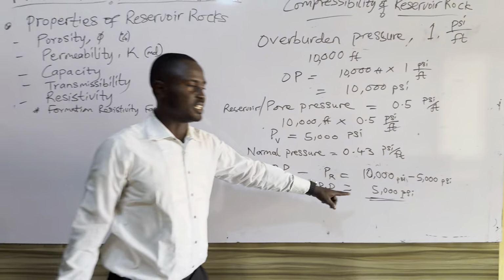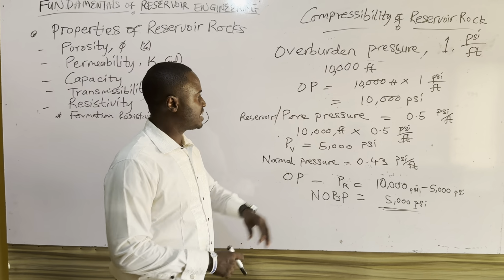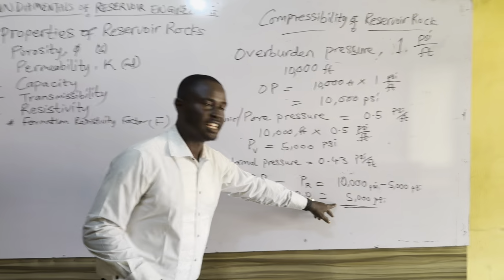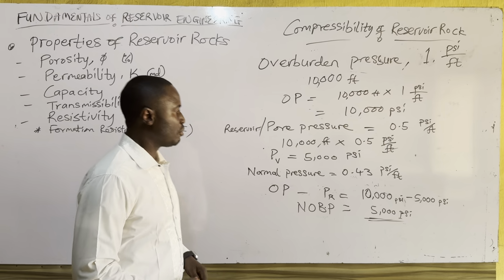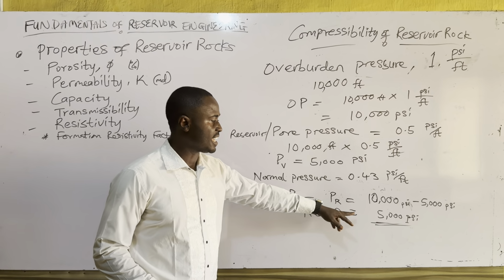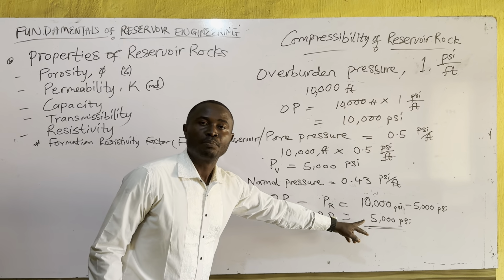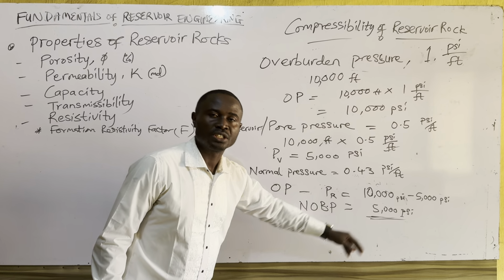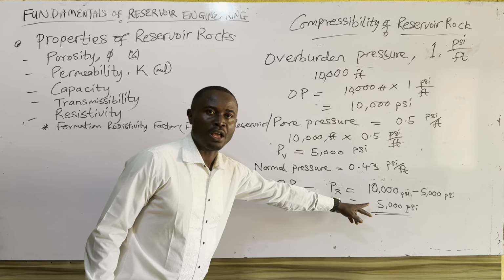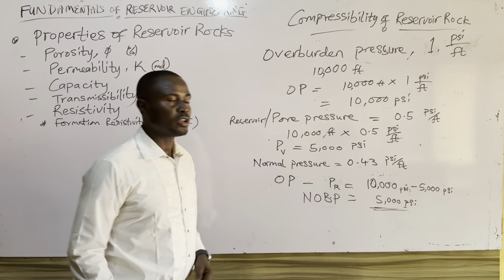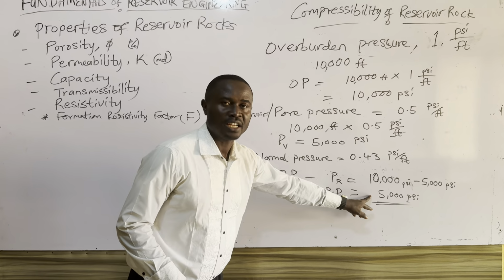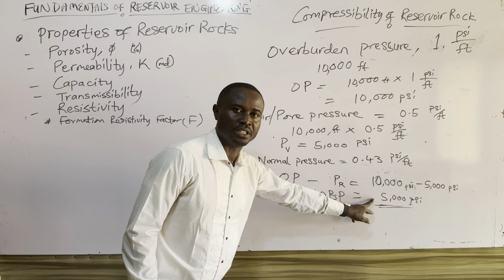The importance of this is that if this net overburden pressure is too high, it will influence the porosity and cause the porosity of our rock to be altered. And the porosity will also affect the permeability of the rock.